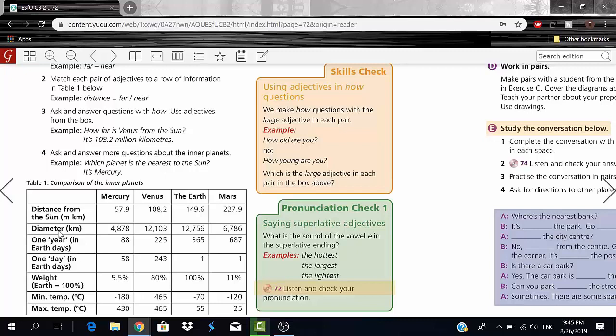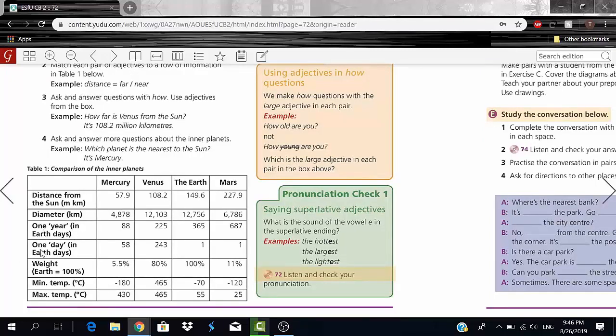Now, what do I say when talking about diameter, right? I say large and small. When talking about diameter, you guys, I talk about if it's large and if it's small, okay? And here we have 1 year and 1 day. So when talking about 1 year or 1 day, I can say they're long and they're short, right?